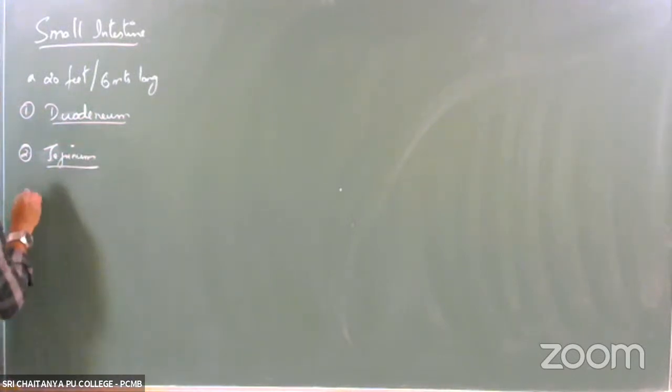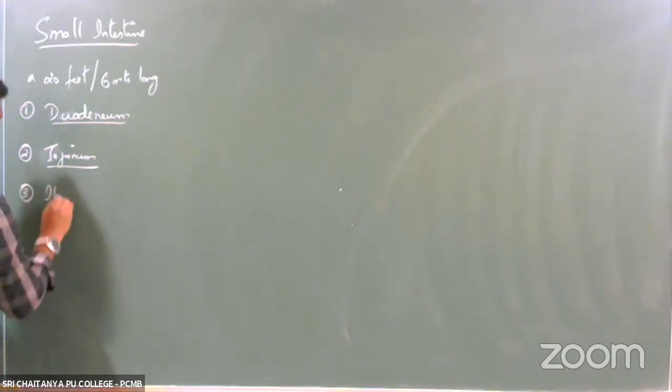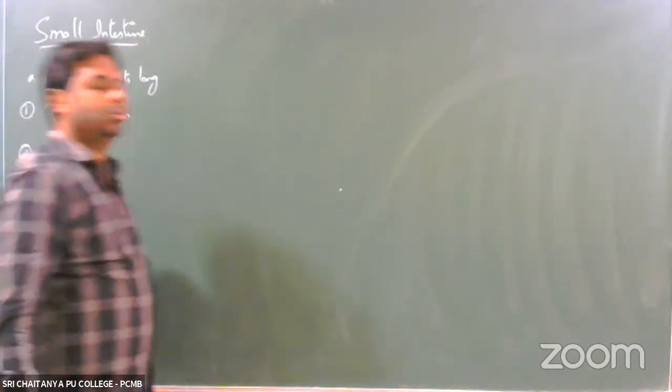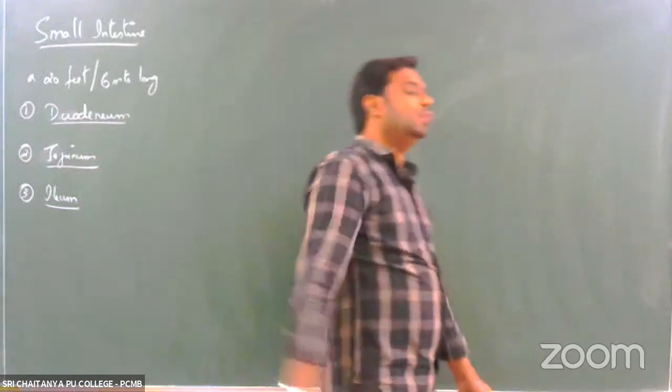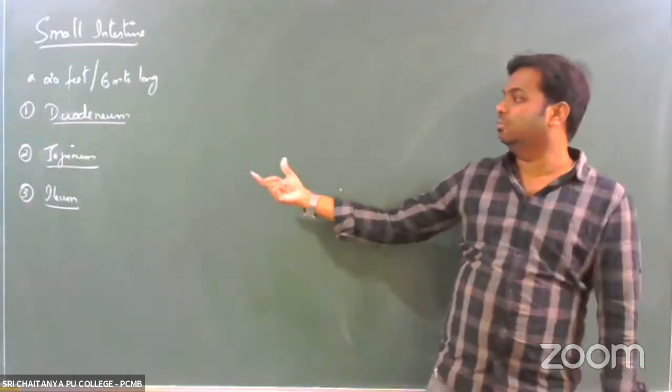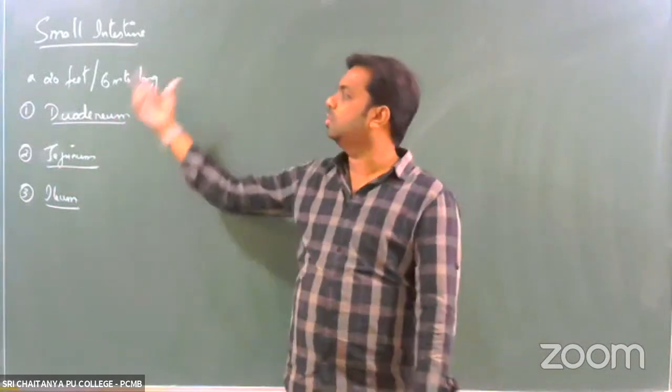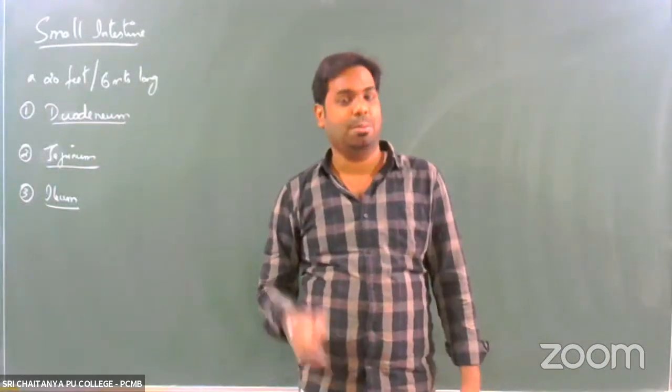And the third part is called the ileum. These are the 3 parts of the small intestine inside our system: the duodenum, the jejunum, as well as the ileum. All of these 3 parts together constitute approximately 20 feet or 6 meters.